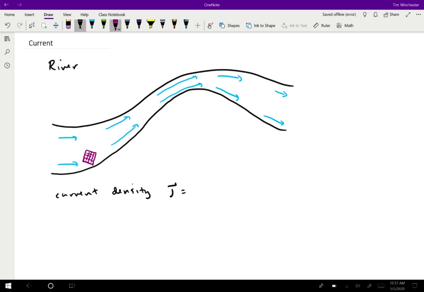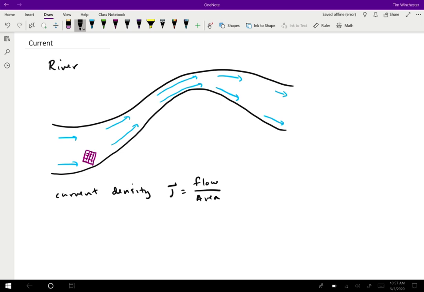Okay, so in that case, what we want to think about is the amount of flow per area. All right, so then I could figure out the total amount of flow through that whole area by multiplying by the area, for instance. Okay, so that's one way to think about it.